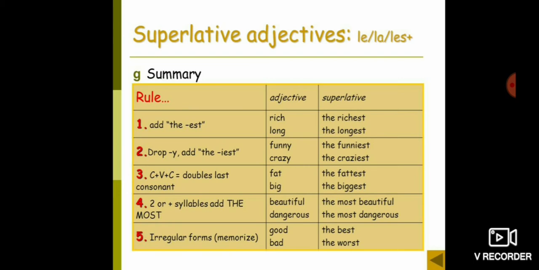If you are comparing two things, you will write better. And if you are comparing three or more things, you will write best. Similarly bad, worse, worst. Some words we change by changing the whole word, so there are some rules which you have to memorize, then only you will be able to change the words. These are some rules of superlative adjectives.